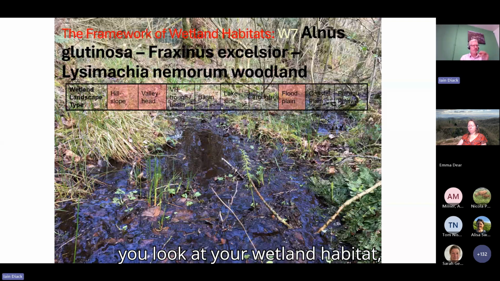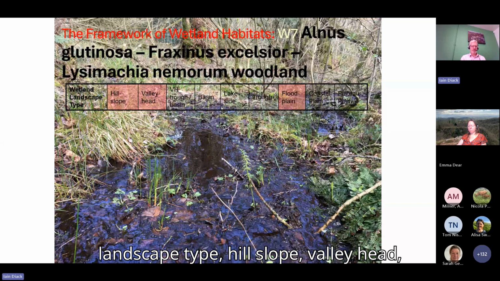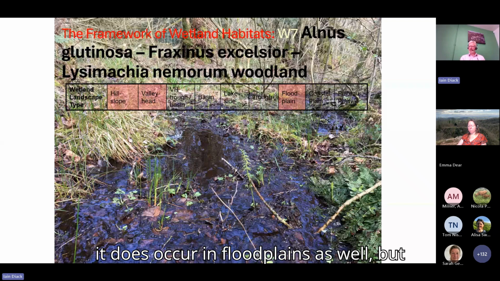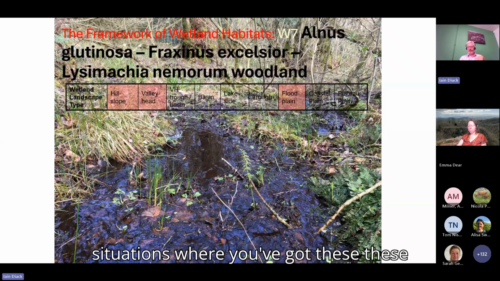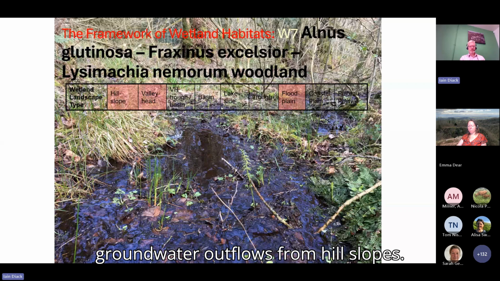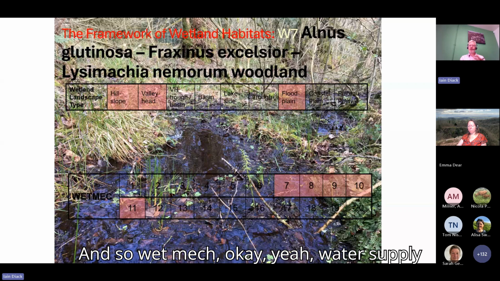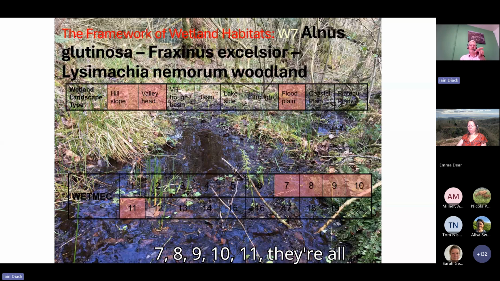So you look at your wetland habitat landscape type: hill slope, valley head. It does occur in floodplains as well, but often underneath situations where you've got these groundwater outflows from hill slopes. And so water supply mechanisms 7, 8, 9, 10, 11 are all groundwater fed supplies.